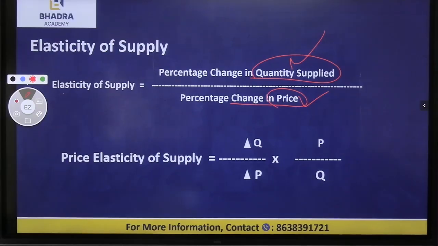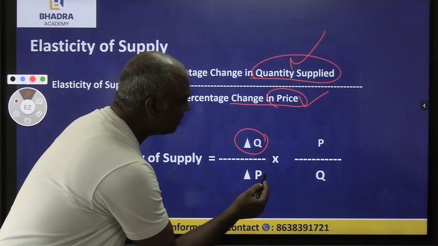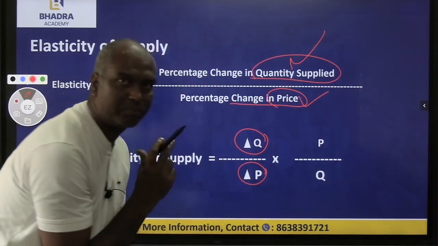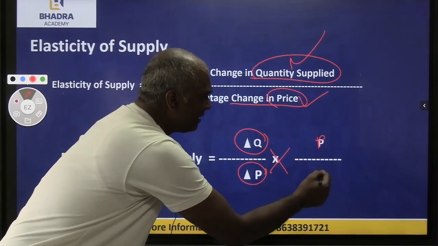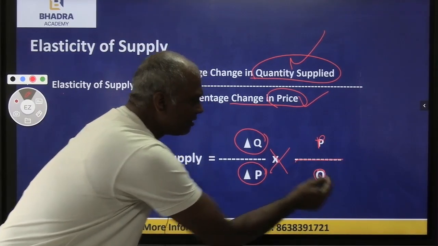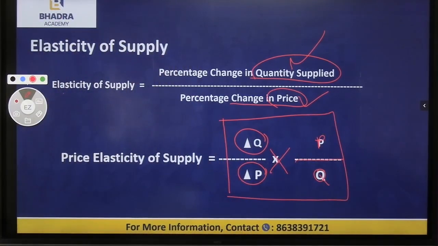Price elasticity of supply is equal to delta change in quantity divided by delta change in price, multiplied by the original price divided by original quantity. So this becomes your formula for elasticity of supply.